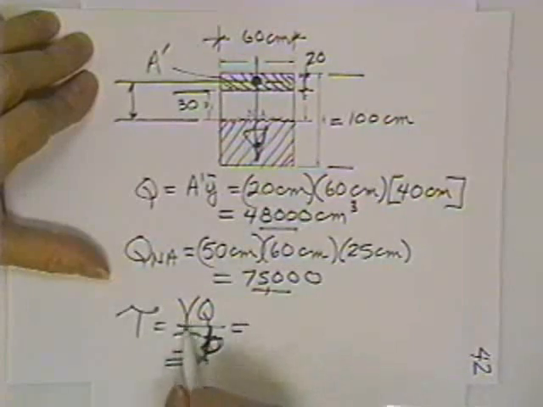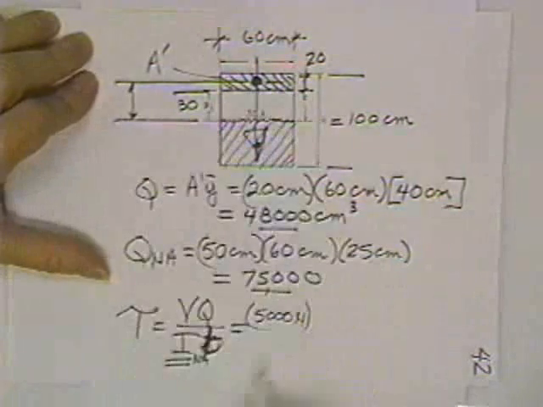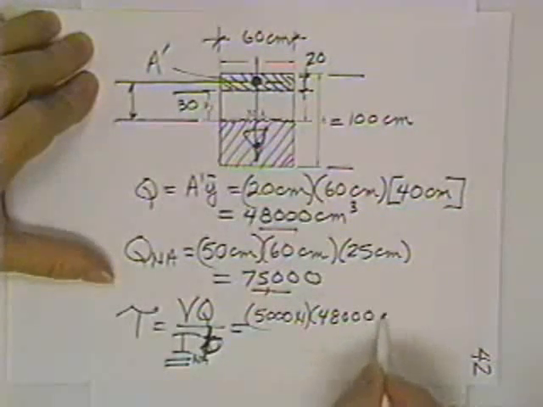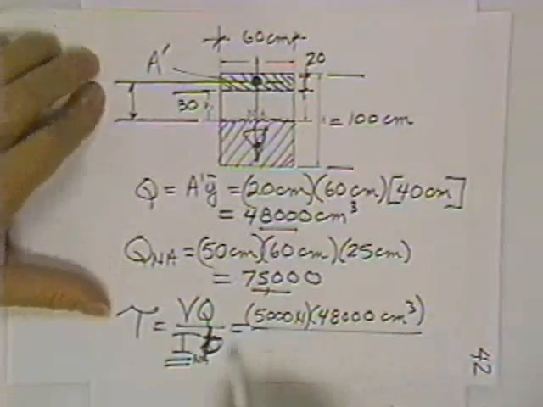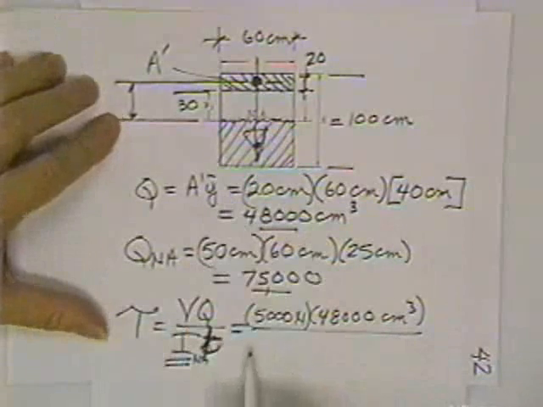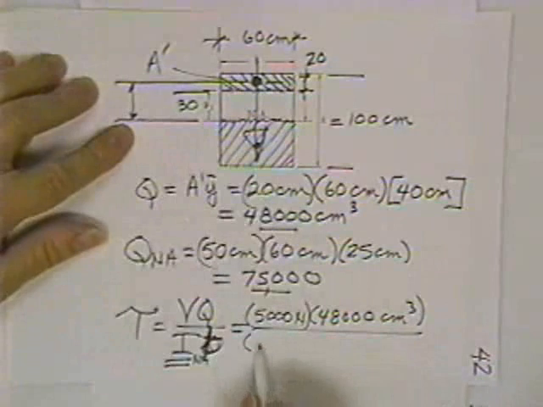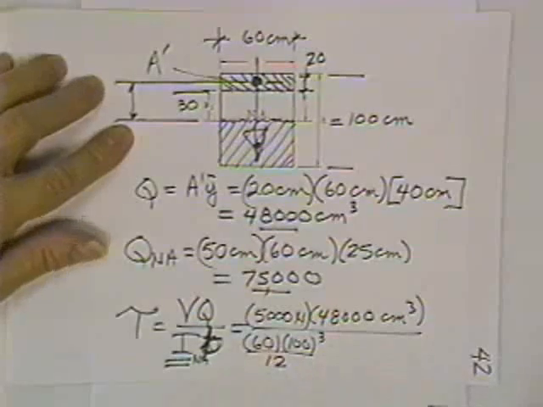So if there were 5,000 newtons acting on that face from my shear diagram, times 48,000 centimeters cubed, divided by the moment of inertia of that thing. Well, the moment of inertia is nothing but a rectangle, so its base times its height cubed over 12.